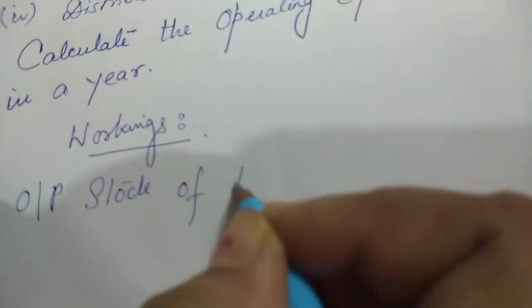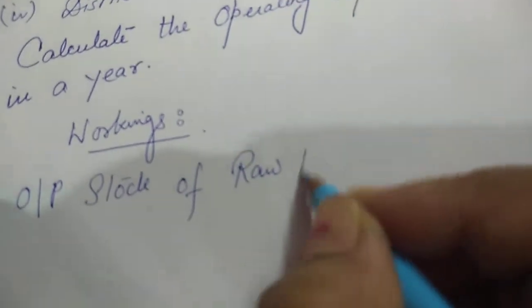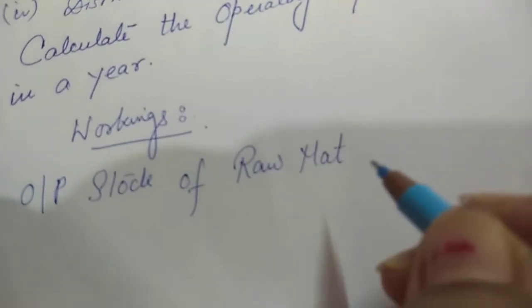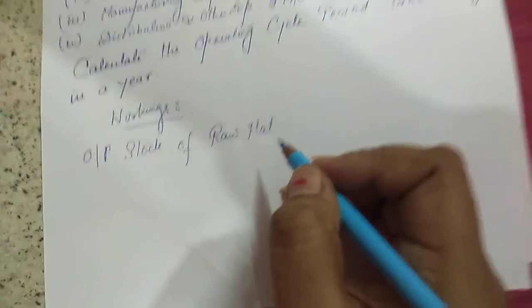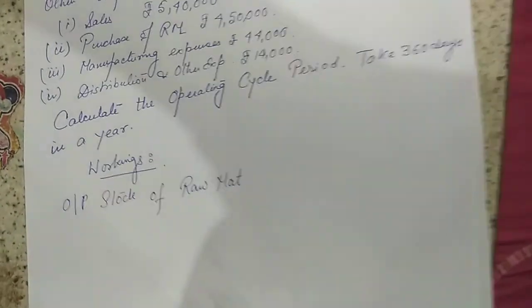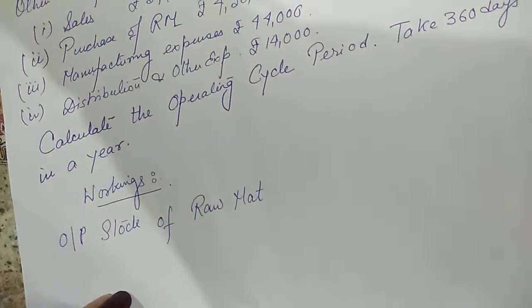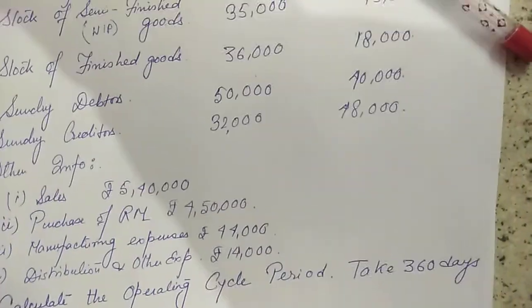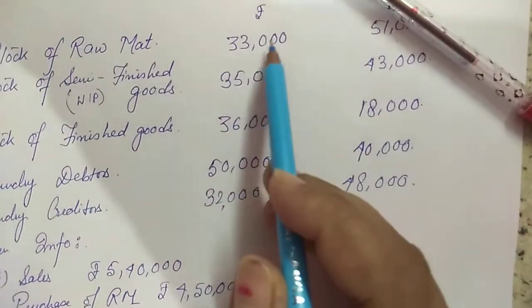Opening stock of raw material. How much is the opening stock of raw material? Opening stock of raw material 33,000.